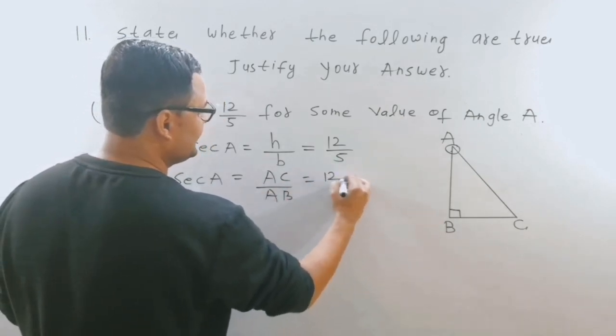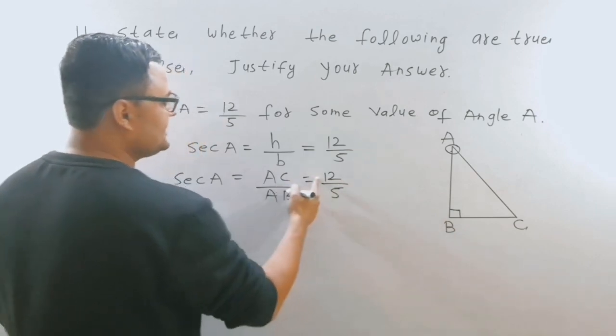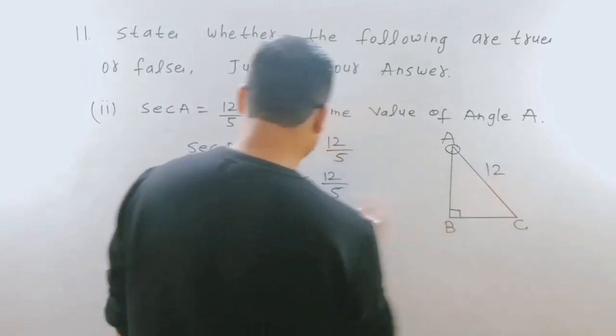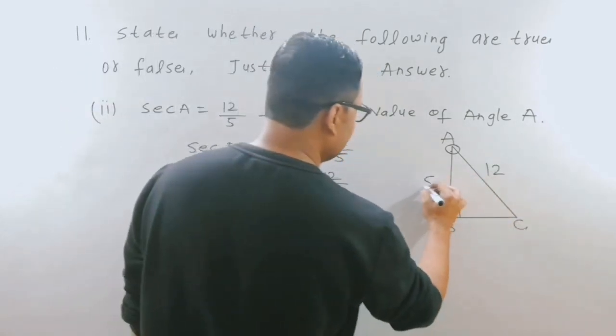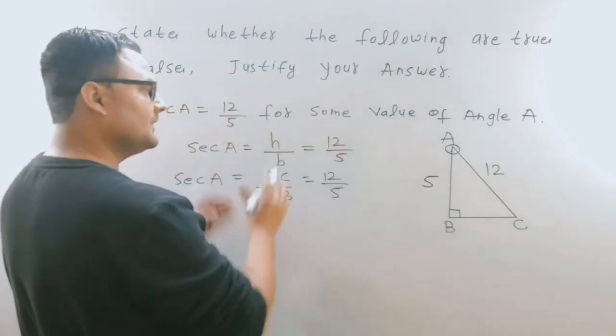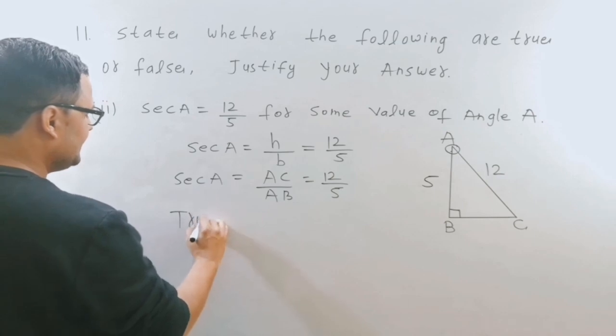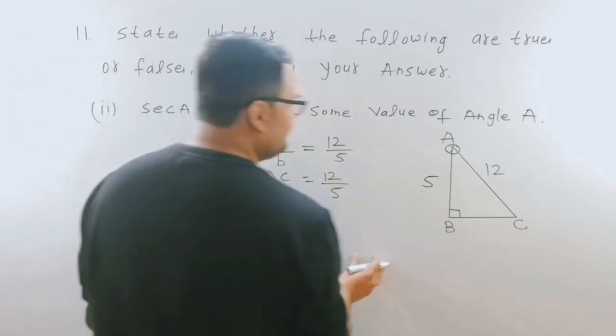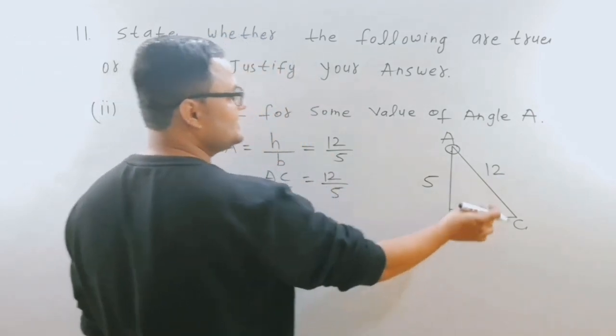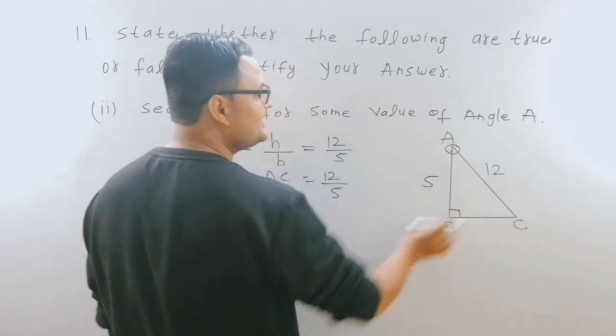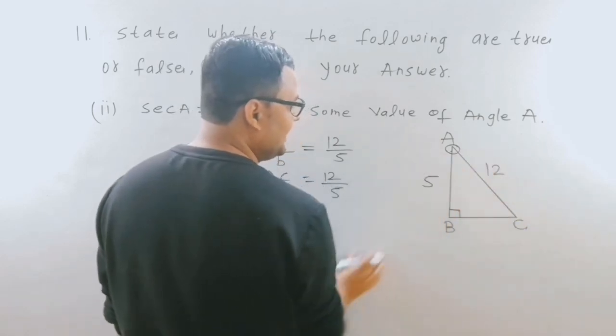So we have to check, is this possible? AC equals 12 and AB equals 5. Definitely it's possible. We will write it as true. How is this possible? We know in a right angle triangle, the side opposite the 90 degree angle is the longest side. This is the hypotenuse.